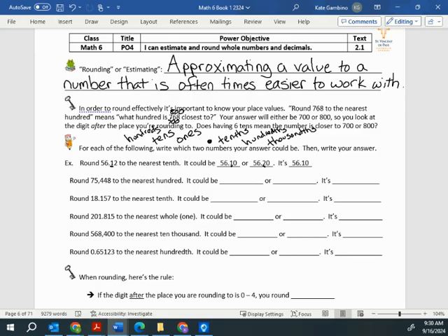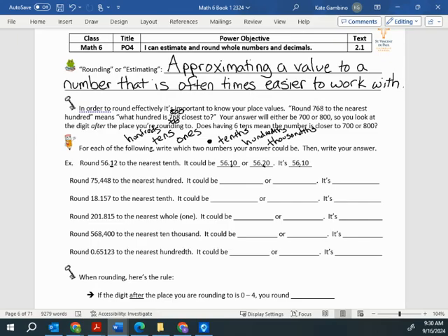Everything after it turns into a 0, or nothing. If it's a 0, you don't have to put anything. But everything after the tenths place turns into a 0. And that 1 was followed by a 2, so we know the answer is going to be 56.10, because it's going to stay the same.